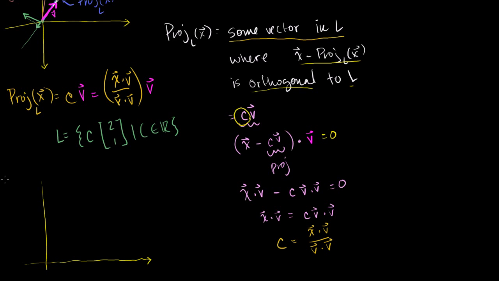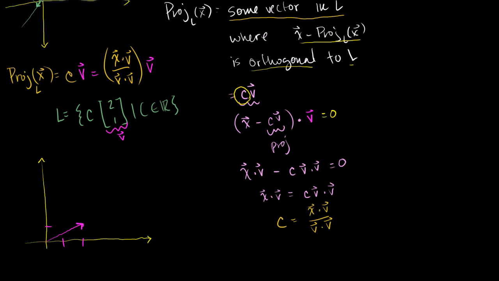This is my horizontal axis right there. And so my line is all the scalar multiples of the vector 2, 1. Let me call that right there the vector v. So let me draw that. I go 1, 2, go up 1. That right there is my vector v.